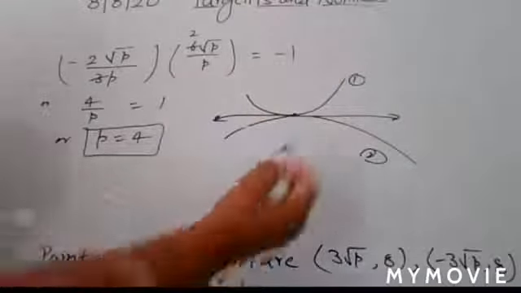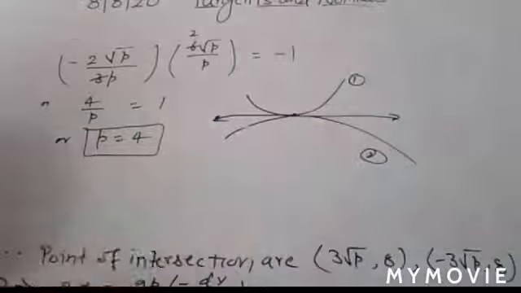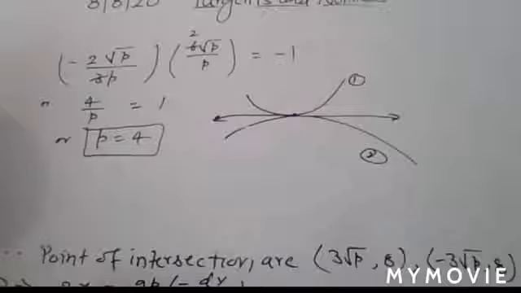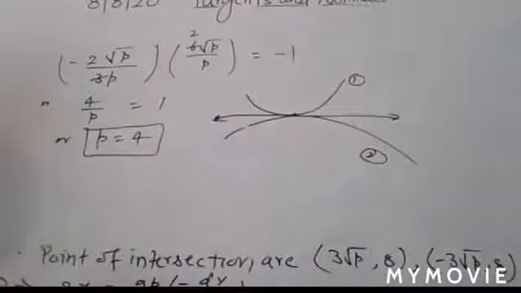In the same way, find the derivative of the second curve at the point of intersection. If both values are the same, it proves that both curves touch each other. Everyone getting this step? This concept, how you prove that two curves touch each other?